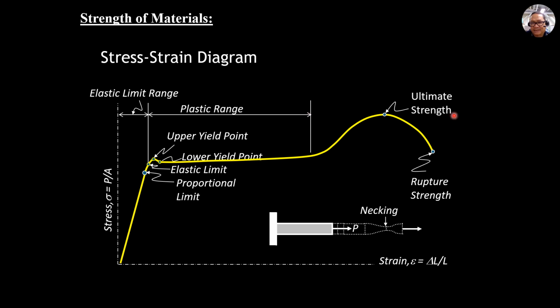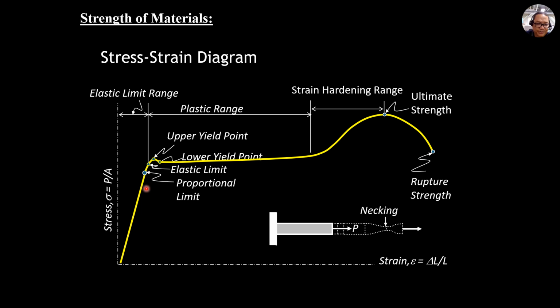Then the last would be the range where the material undergoes what we call strain hardening. So that's the strain hardening range. And we have the ultimate strength as indicated in this figure.